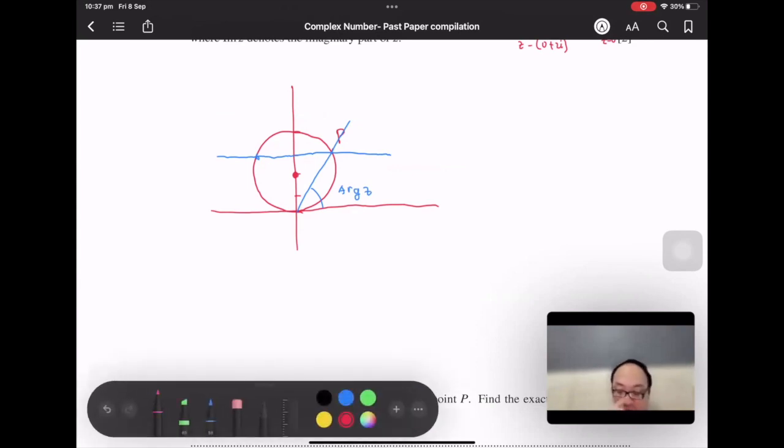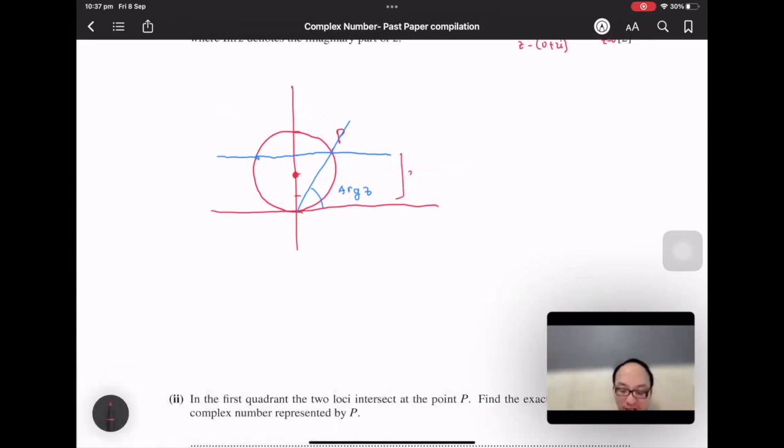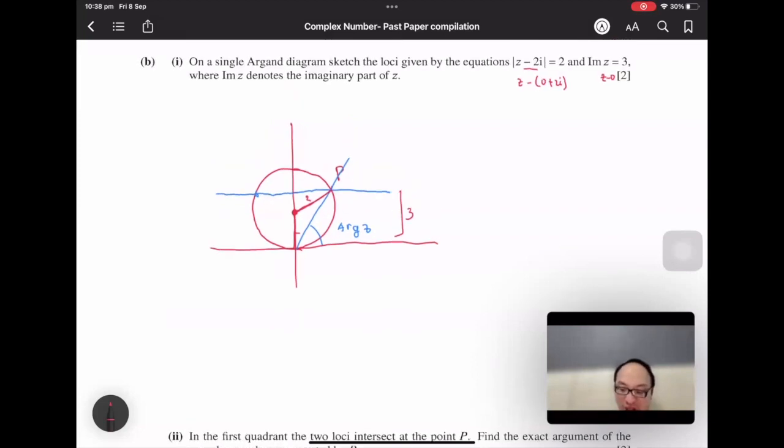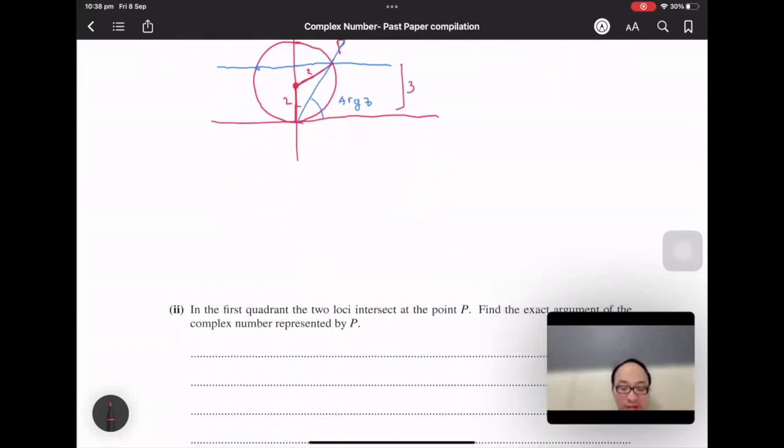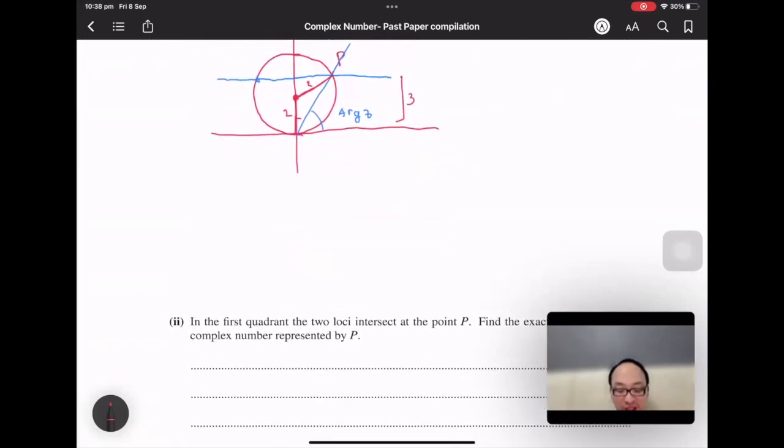As we know that this is 3, and we have the triangle here. So this is 2, and this is 2. So from here, we can find the angle.